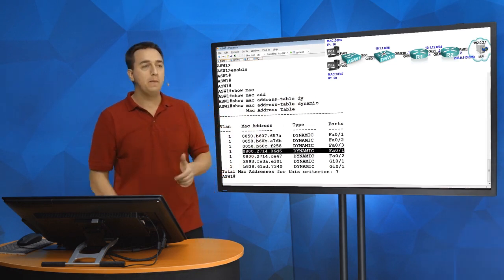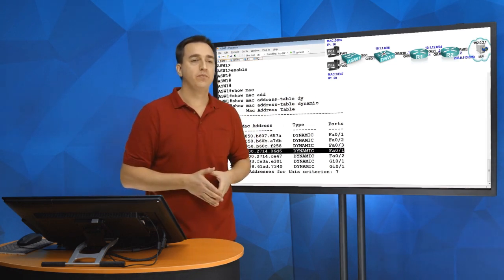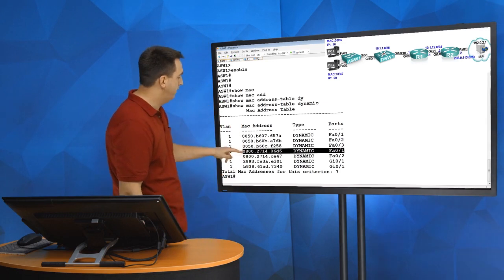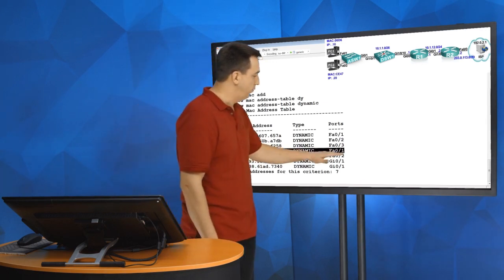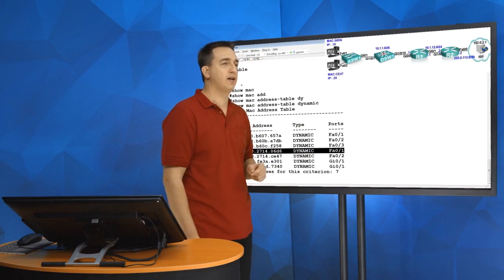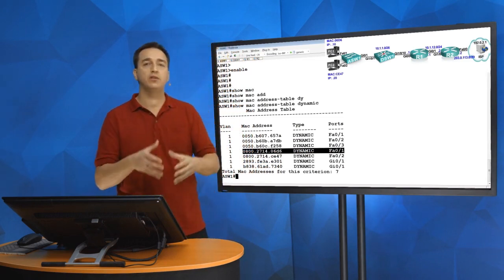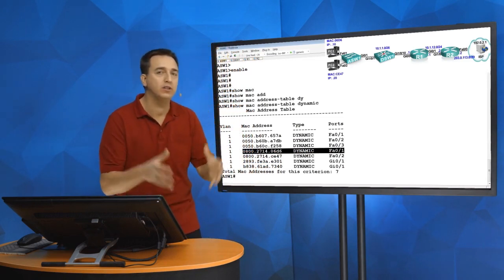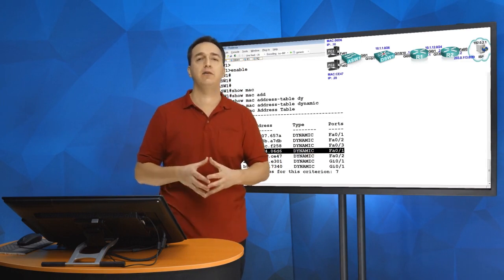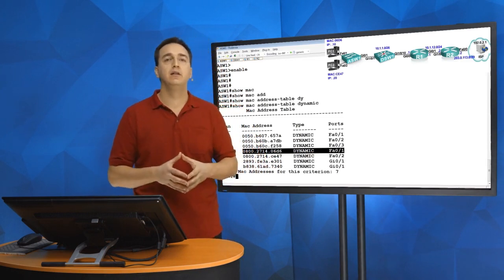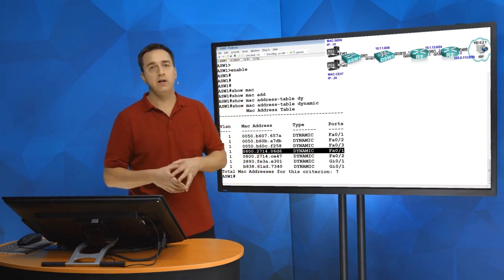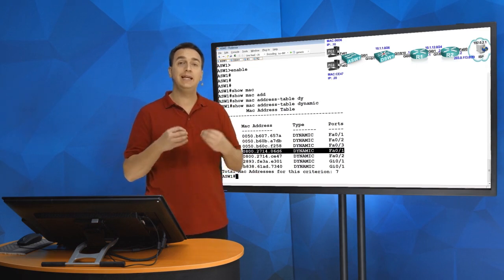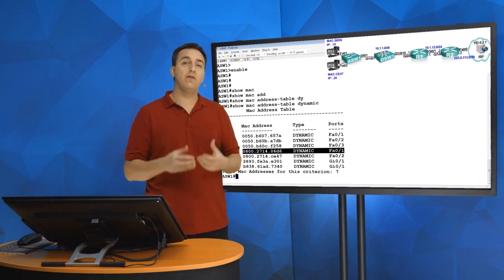So the switch puts in its MAC address table this entry right here, associating it with Fast Ethernet 0/1. So that's how the switch learns. And we want the switch to learn every single MAC address that is out there in the local area network. That way, it can perform efficient forwarding of frames.